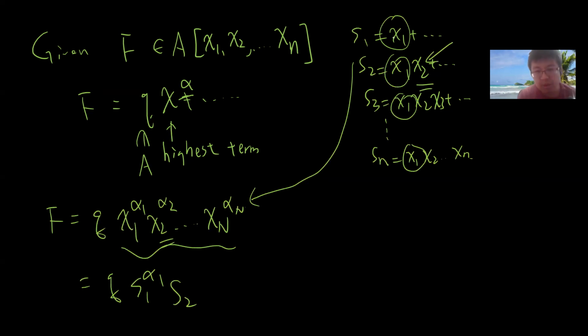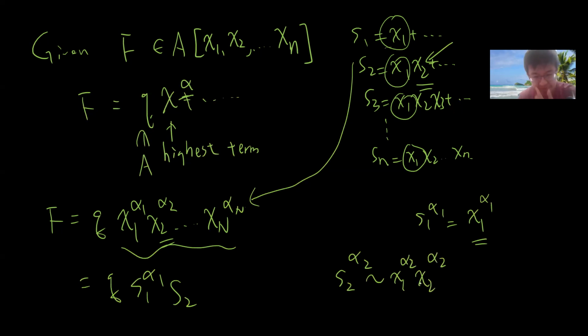Sorry, let's see. In order to make x1 match with alpha1, I take s1^alpha1, so I get the highest term for x1. But if I pick s2, then s2^alpha2 will give me x1^alpha2, x2^alpha2.